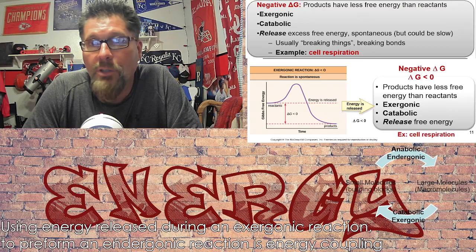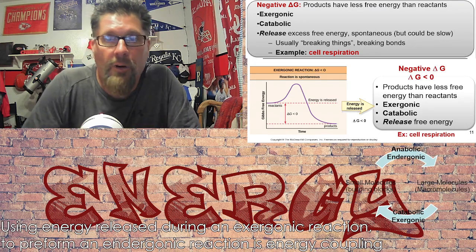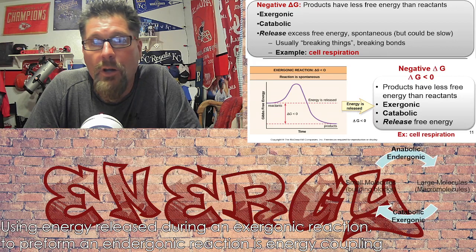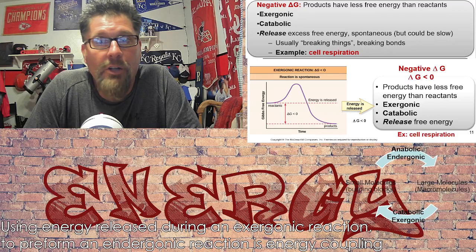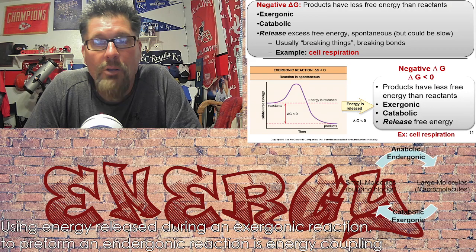Okay, we lost some. The word spontaneous that you can see there refers to the fact that exergonic reactions can happen spontaneously in nature, and it could simply be just the energy from the sun. It could be just two elements that react when they come in contact with each other.